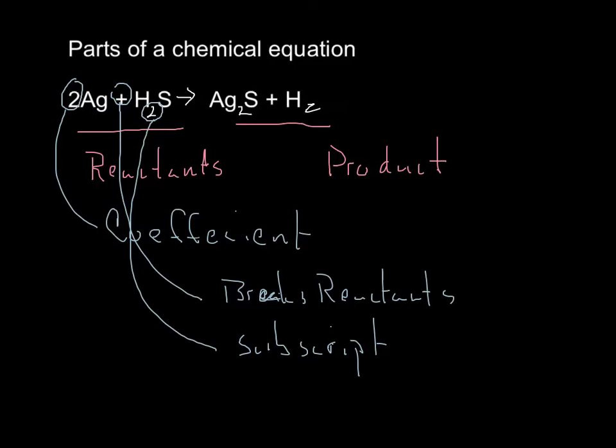Basically what a subscript does is tell you that in a molecule you have this many atoms of that particular element. If it's just one atom of an element, we don't put a subscript. Like the S here, there's one atom of sulfur, but we don't have to put the 1. If it's more than 1, we'll put a number.